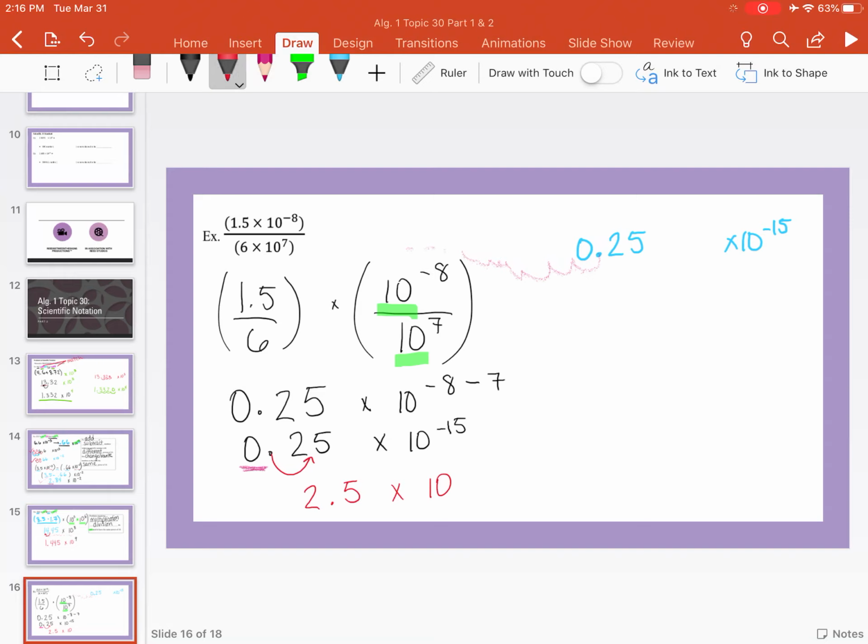However, if I move my decimal place one more over to the right, how many spots total would I need to move my decimal place so that I would end up having the same value in the end? Instead of moving 15 spots to the left, I would need to move 16. So my new answer is 2.5 times 10 to the negative 16th power.